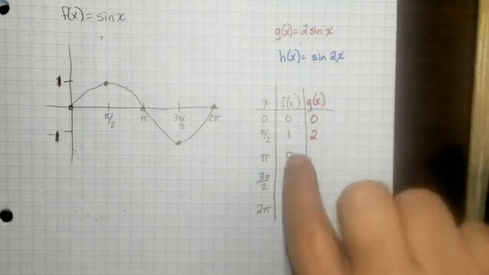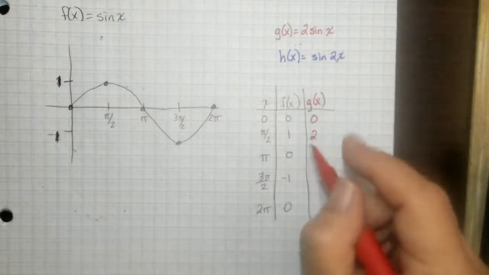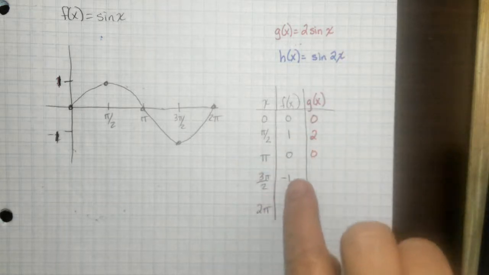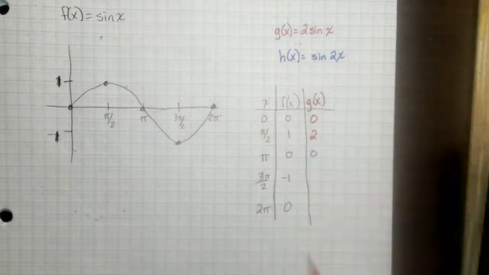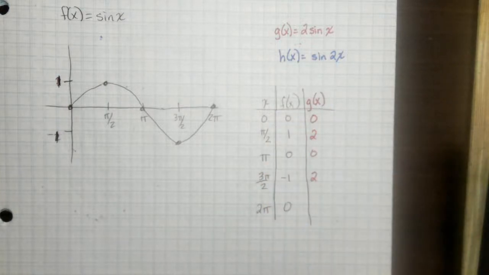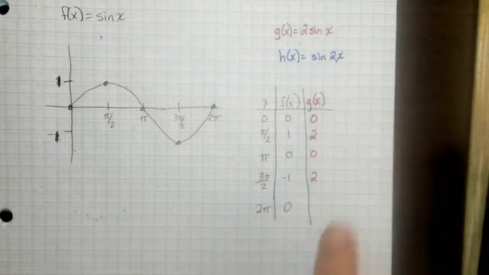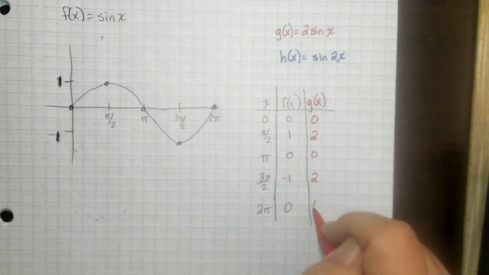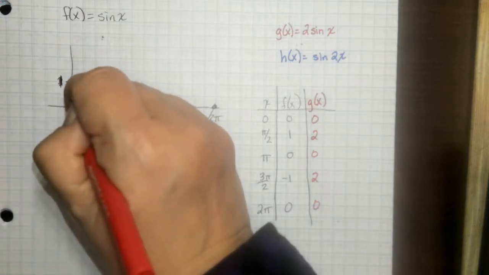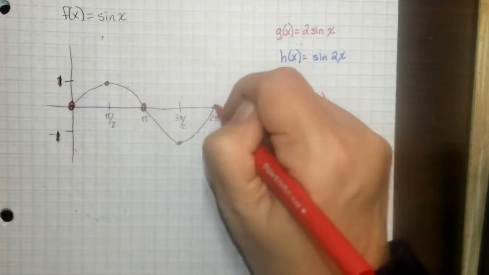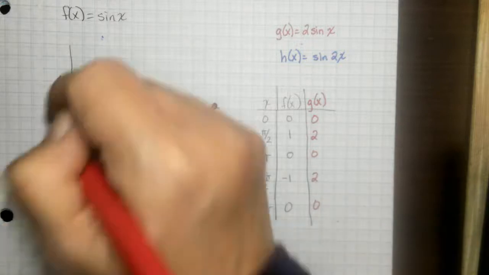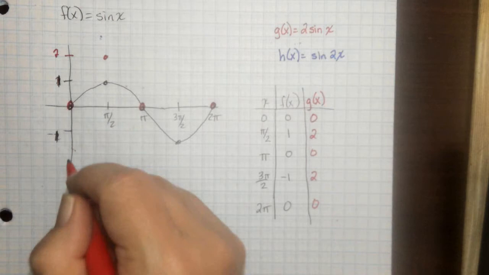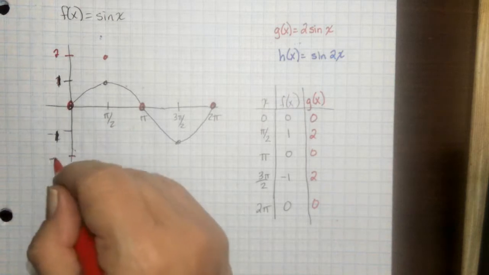Sine of pi is 0, and 2 times 0 is 0. Sine of 3 pi over 2 is negative 1, and negative 1 times 2 is negative 2. And sine of 2 pi is 0, and 2 times 0 is 0. So all my zeros are still there. But at pi over 2, instead of being at 1, I go up to 2. And instead of being at negative 1 here, I go down to negative 2.